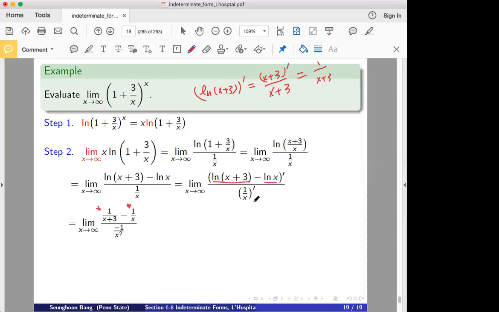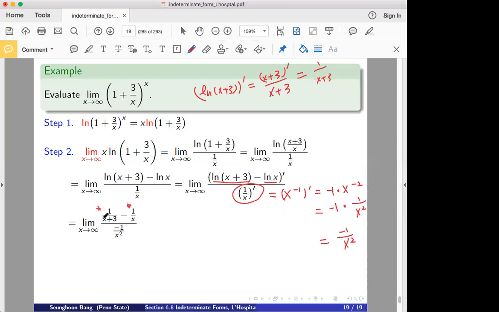The derivative of 1 over x we calculated before: it is x to the minus 1, prime. You can use the power rule: minus 1 times x to the negative 2, which is negative 1 over x squared.